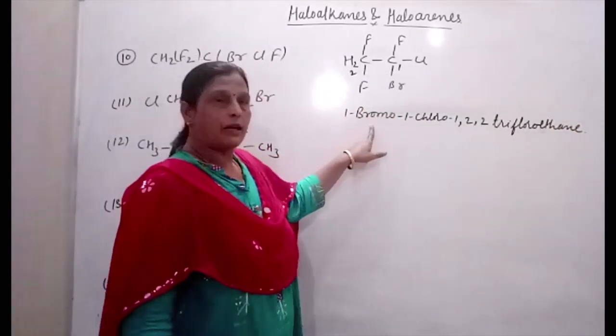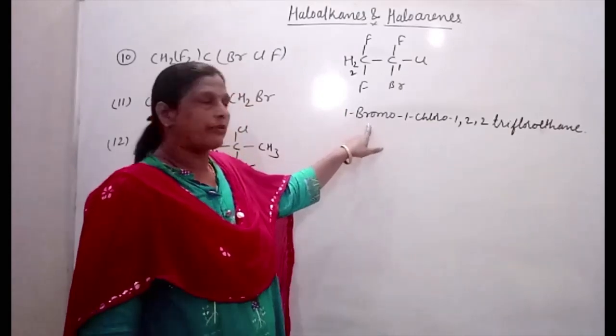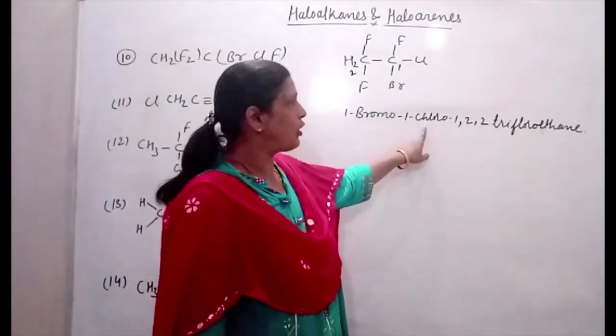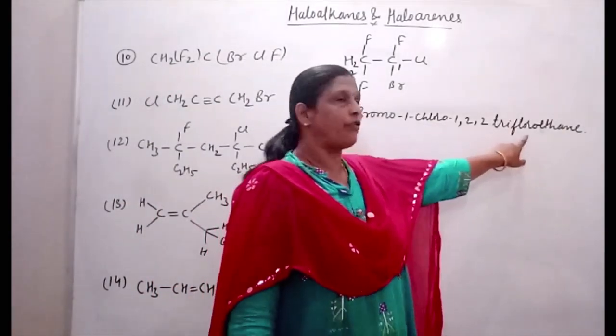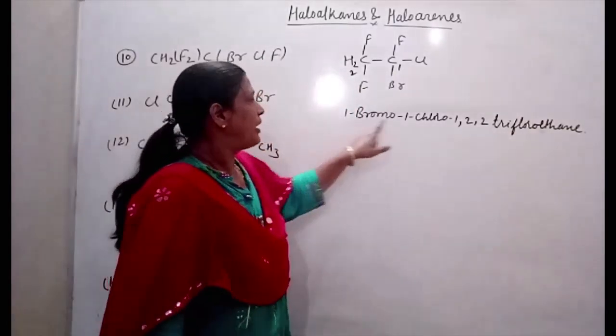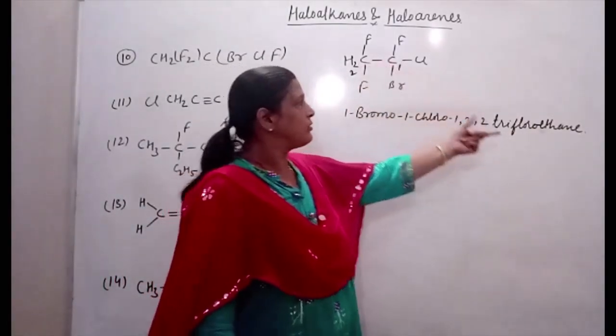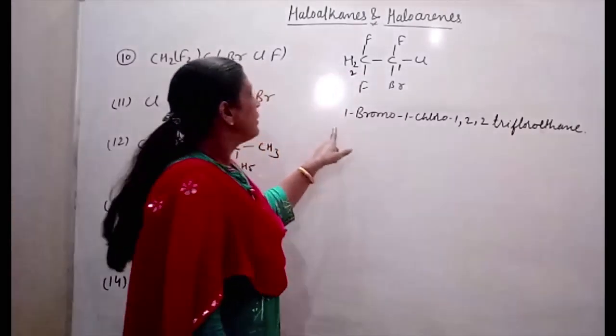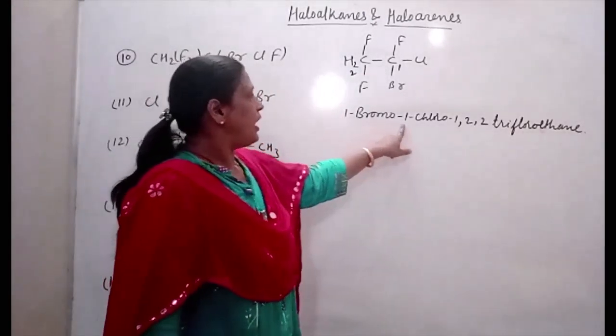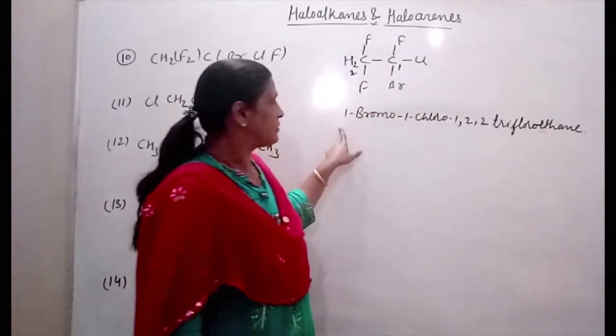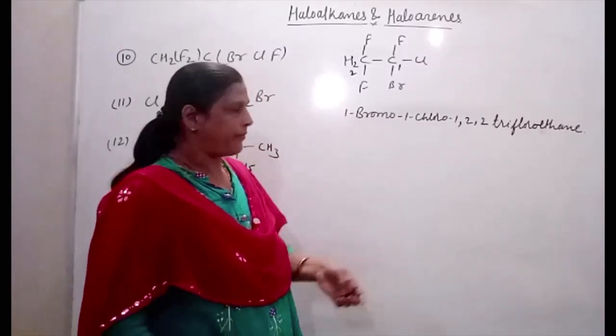Bromo will come first in alphabetical order, so I write first bromo, then chloro, then trifluoro. And this is an ethane derivative, so ethane. It is mandatory to write all the substituent groups alphabetically.